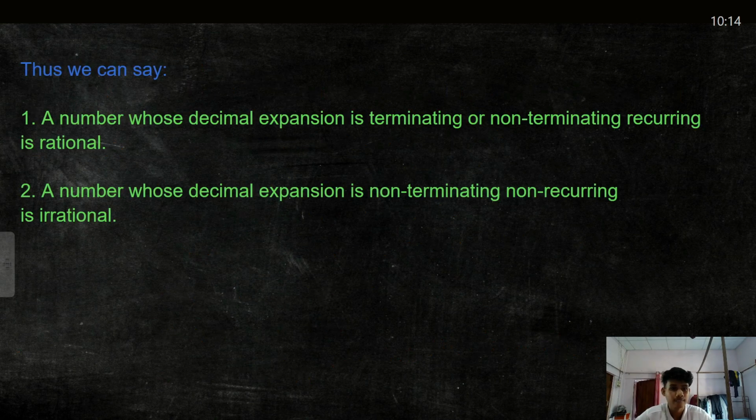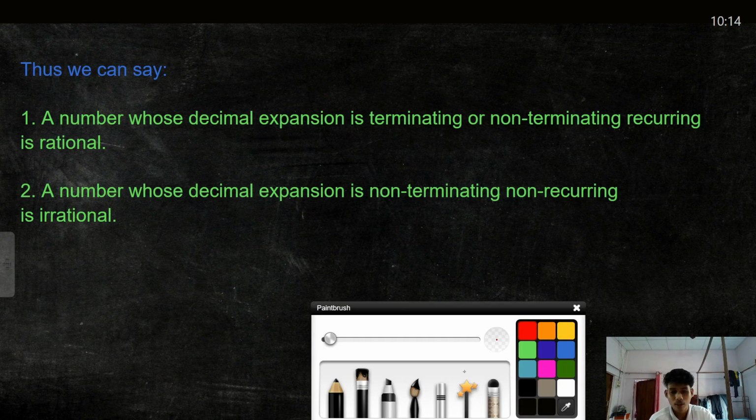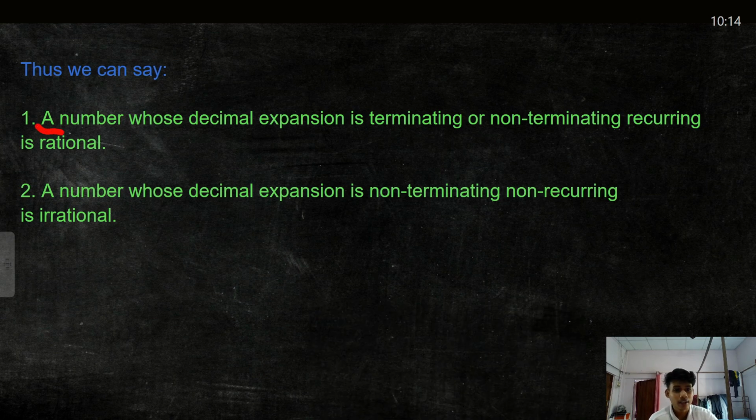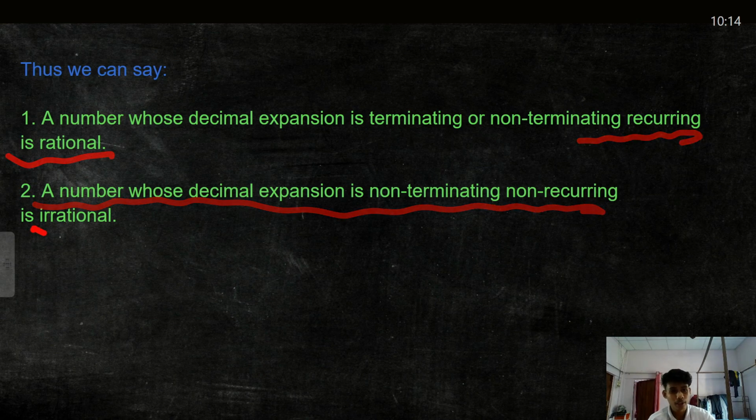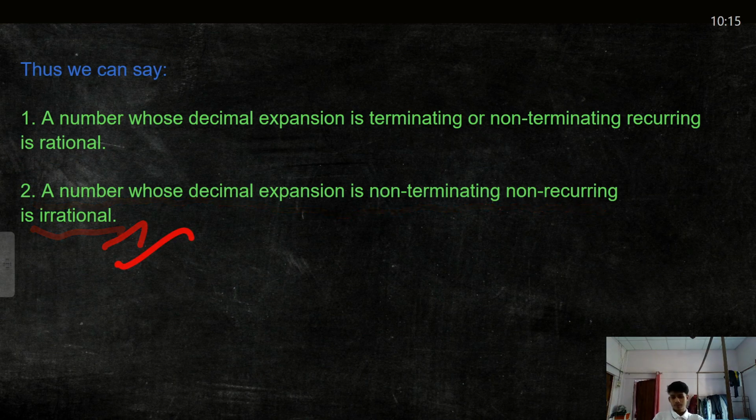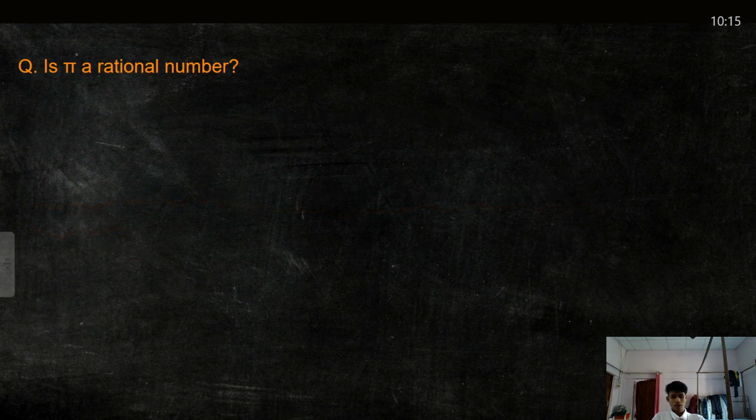Thus, we can say that a number whose decimal expansion is terminating or non-terminating recurring is rational, and a number whose decimal expansion is non-terminating non-recurring is irrational. Okay, now comes an important question. Is pi a rational number?